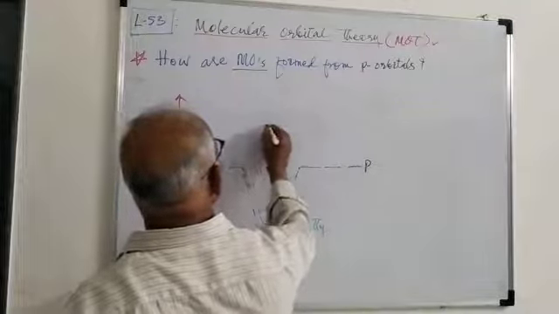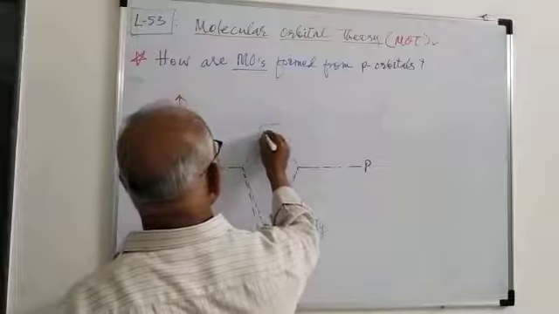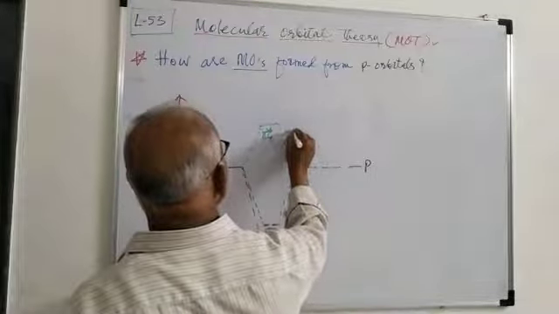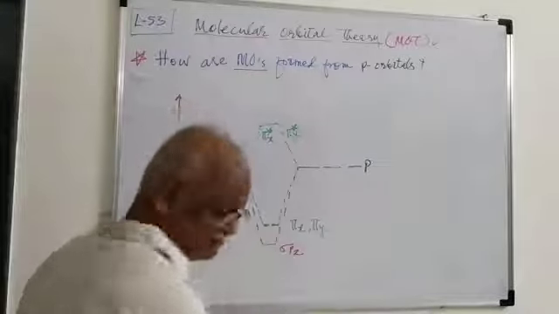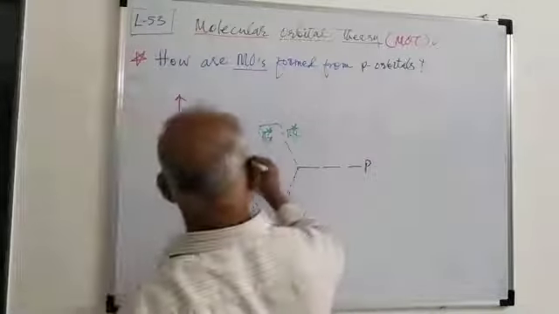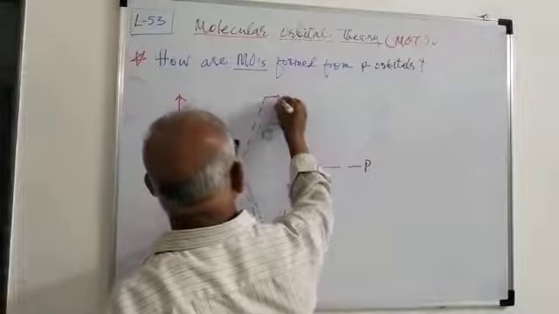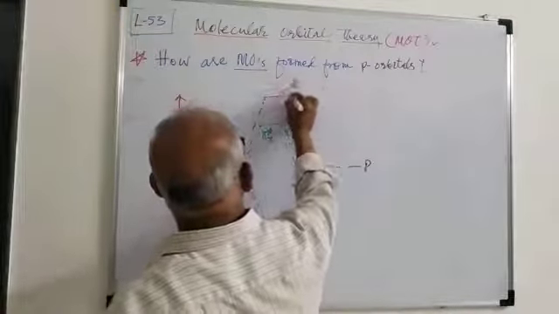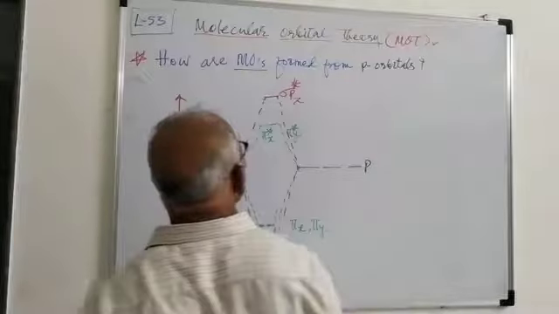Similarly, we have these two pi star molecular orbitals, pi star x and pi star y. And finally, we have this sigma star pz orbital.